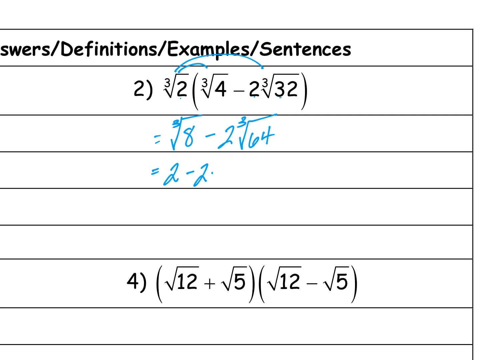Minus 2 times the cubed root of 64 is 4. Yeah. So that's 2 minus 8 or negative 6. 64. 4 times 4 is 16 times 4. Yeah, 64. Okay.